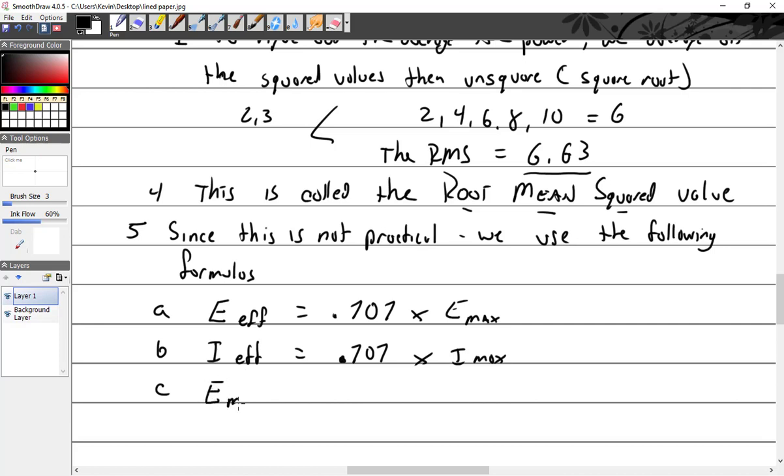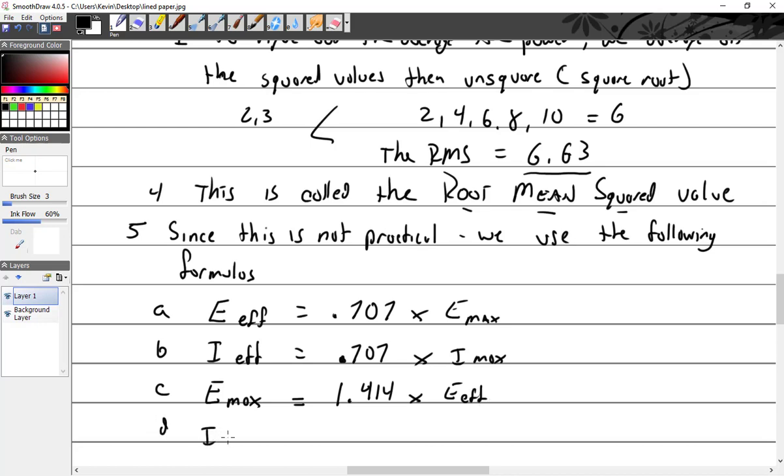What if I know the E max? If you know the max, multiply times 0.707, you get the effective. What if you know the effective and you want to go towards max? It's 1.414 times E effective.